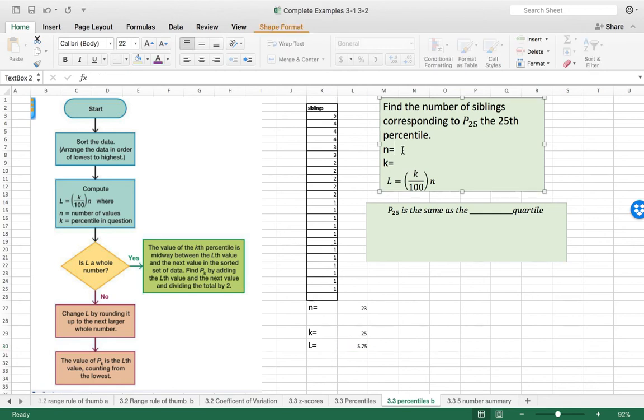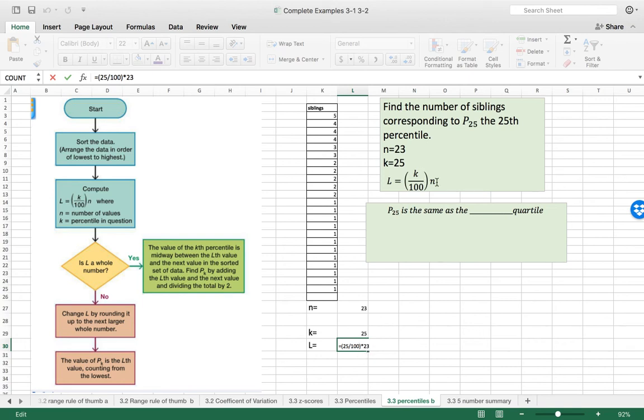Okay, so let's try to find L for the 25th percentile of siblings. Our total number of data values is 23, and the percentile we're interested in is 25. So we're going to calculate L using this formula: 25 divided by 100 times 23.